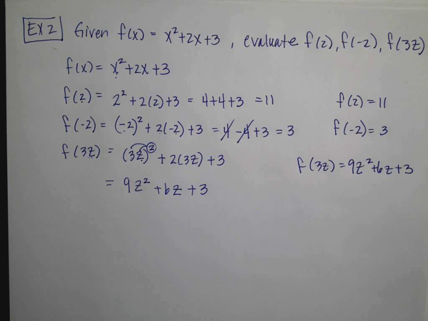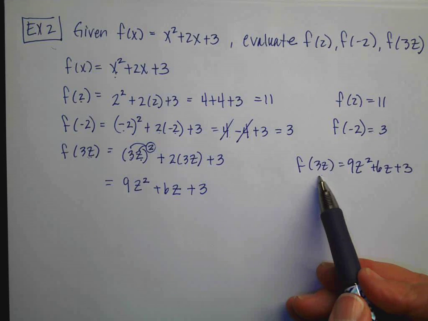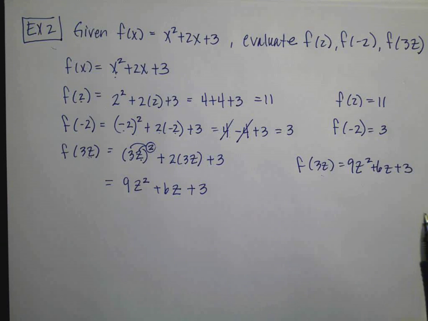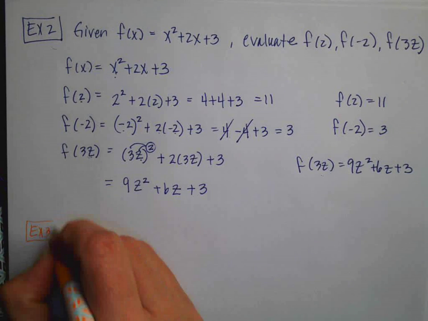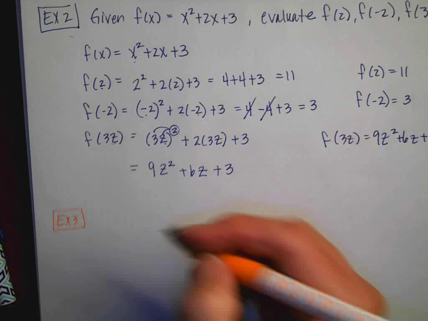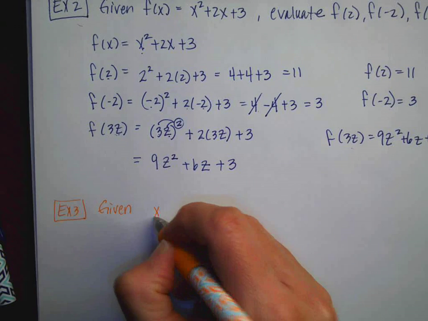Okay, and you want to be very careful that you make sure and show all of your answers written out completely. Okay? All right. The next example is going to be in table form. So example number 3, we're going to be given a function in table form.